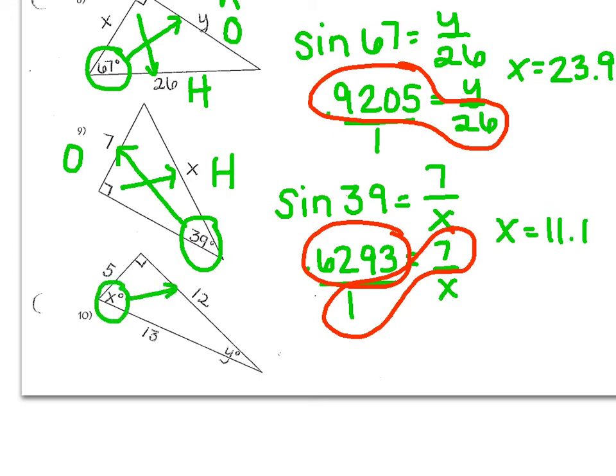From x, the 12 is my opposite, the 5 is my adjacent, and the 13 is my hypotenuse. So pick. What do you feel like? I think I'm going to do tangent. So I'm going to say tangent of x would equal the opposite over the adjacent, so that would be 12 over 5.